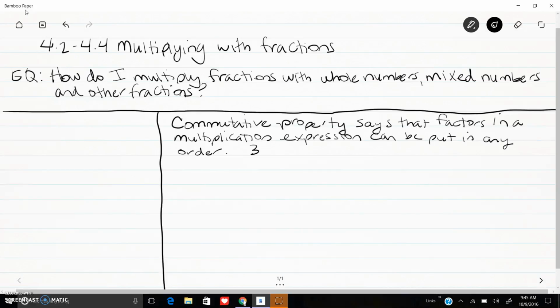So for example, 3 times 5 is going to have the same answer as 5 times 3. Doesn't matter which number goes first.